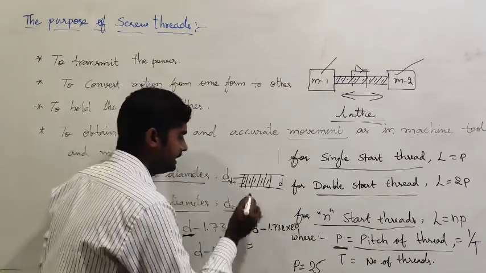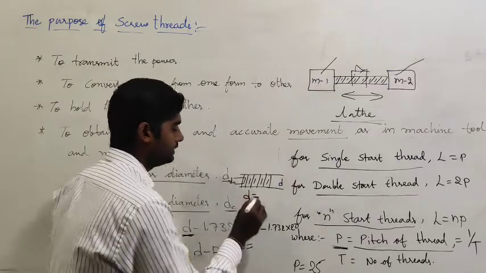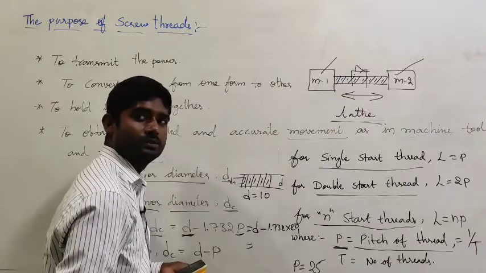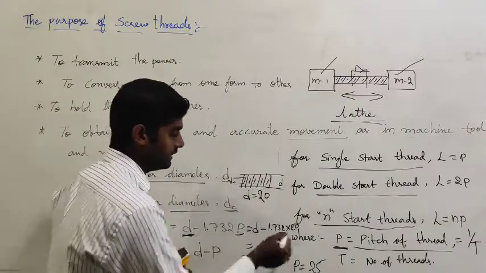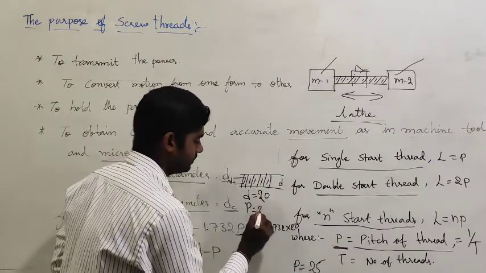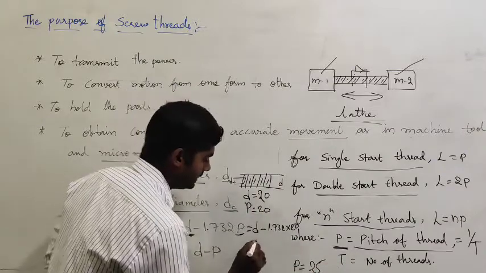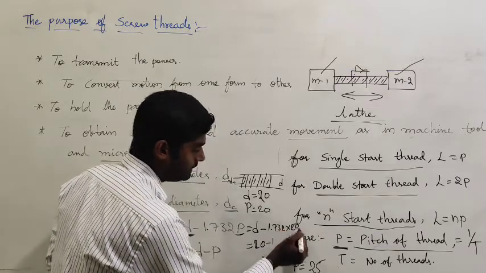Suppose a question gives capital D equal to 20 and pitch equal to 20. Then substitute 20 minus 1.732 into 20.